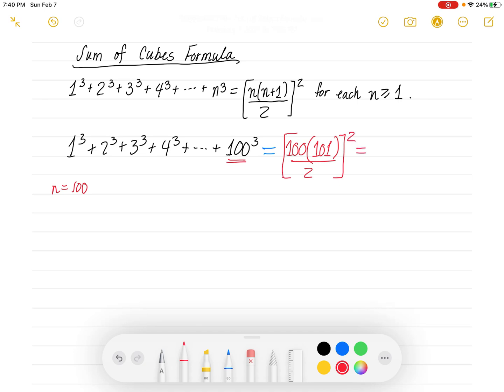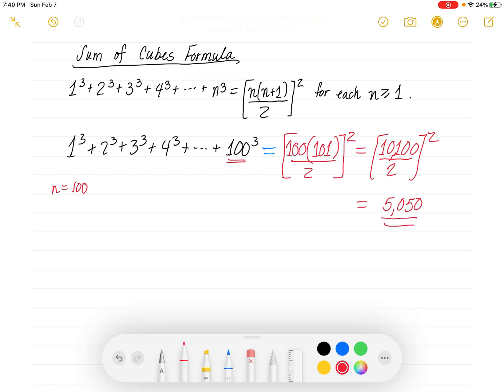So let's see, if I take 100 and multiply it by 101, I'm going to have 101 and 2 zeros. So that's 10,100. Divide that by 2, that's going to be 5,050.